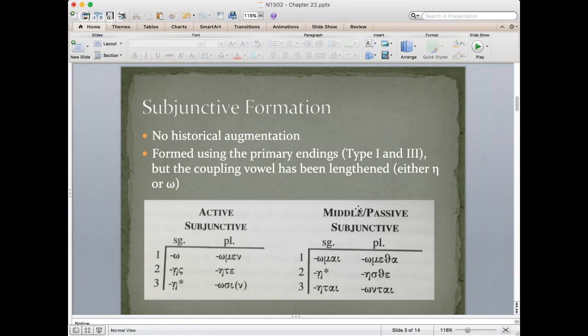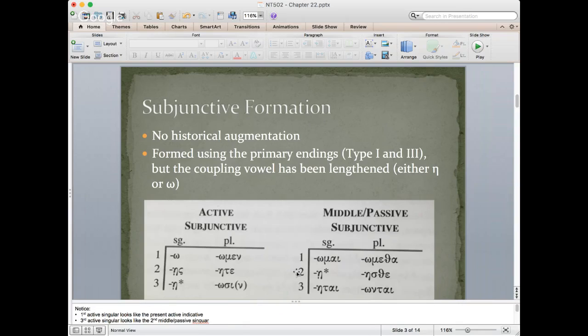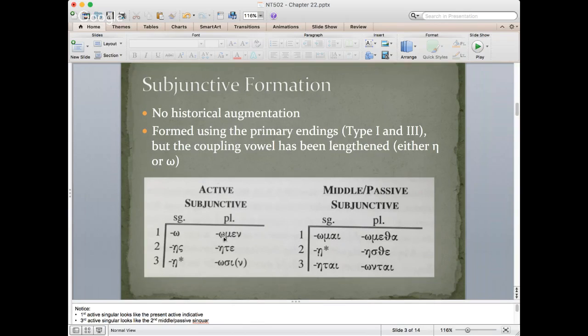So kind of like contracts. You remember with contracts, we'd have that lengthened coupling. The same type of thing is going to happen here. Notice that the first active singular looks like the present active indicative. There's no change there.